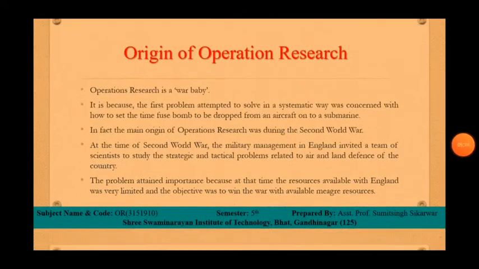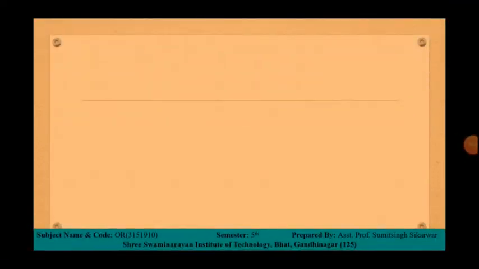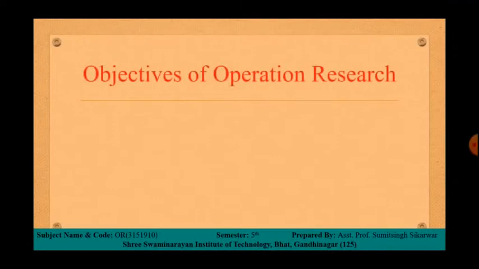Now let us discuss the objectives of operation research. We know that today's situation in which a manager has to work is very complicated due to complexity in business organizations. Today's business units have a number of departments and each department works for fulfilling the objectives of the organization.